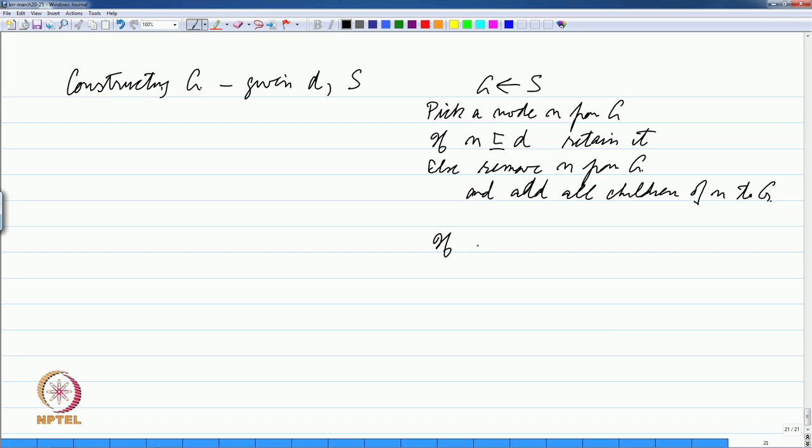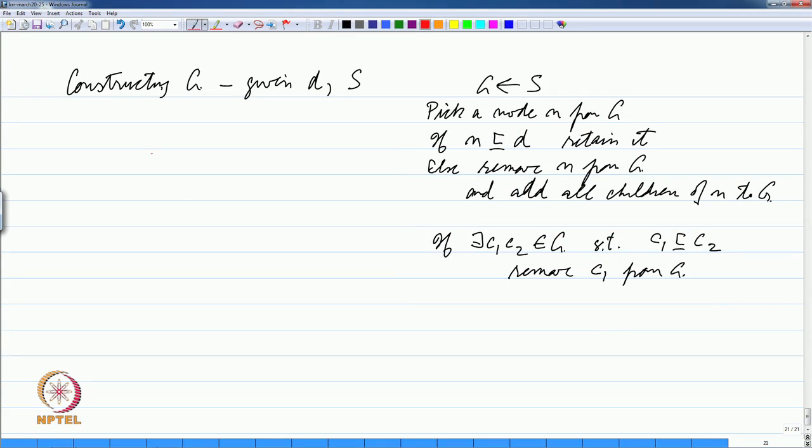So, after this whole process is over, if there are two nodes C1 and C2 in G, such that C1 subsumes C2, or C1 is subsumed by C2, then remove C1 from G. So, we do this process of culling out all children of, we want only those nodes in G which are the most general.